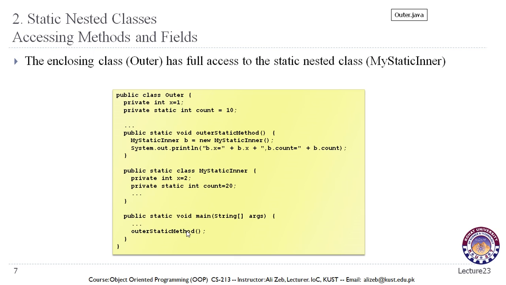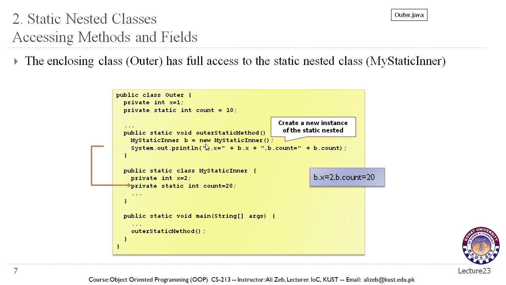The enclosing class, the outer class, has full access to the static nested class. So the enclosing class will have access to the static and non-static members of the static inner class. Again we have the outer class with these variables. One of them is a static variable, and then we can create an instance of the static nested class and access the private members of the static inner class.